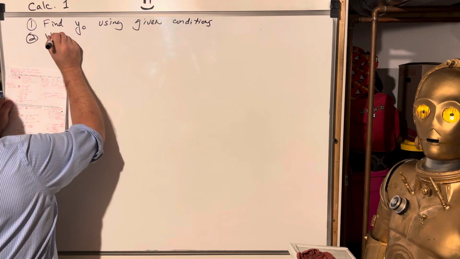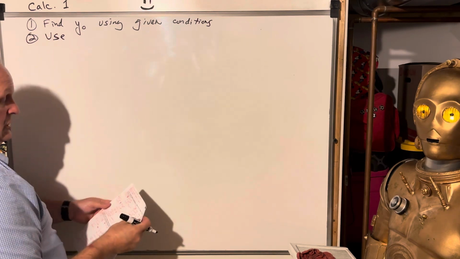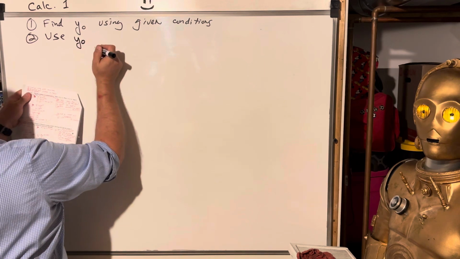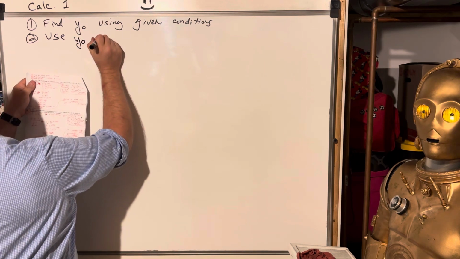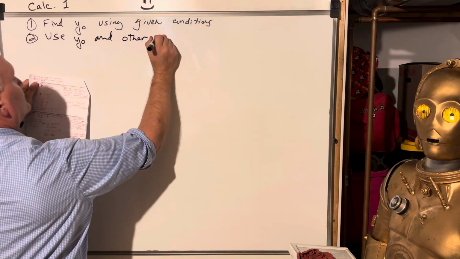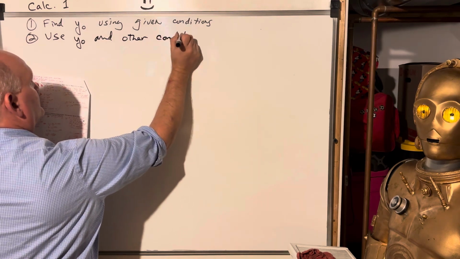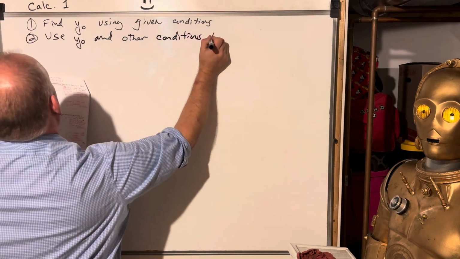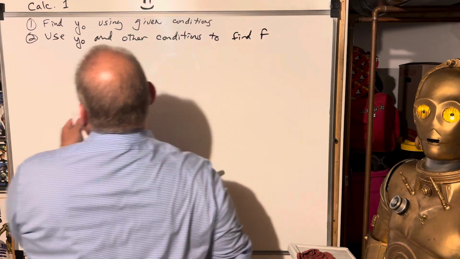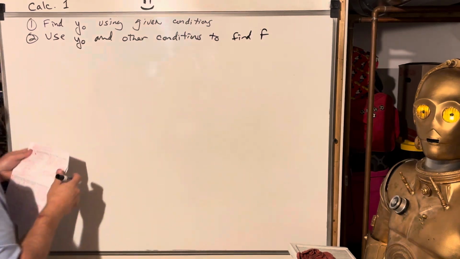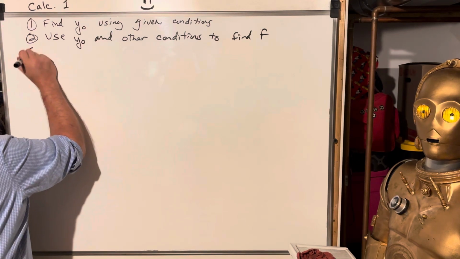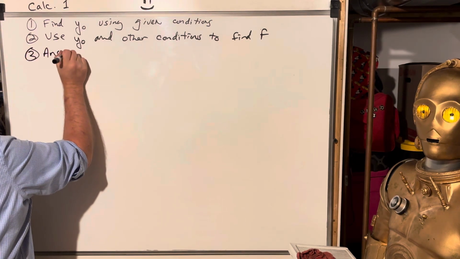Number 2, use y naught and other conditions to find k. And then 3, answer the actual question. Always good to answer the question they ask.